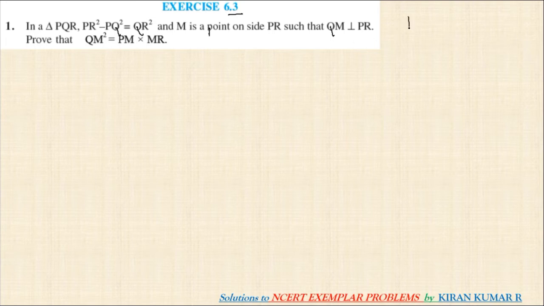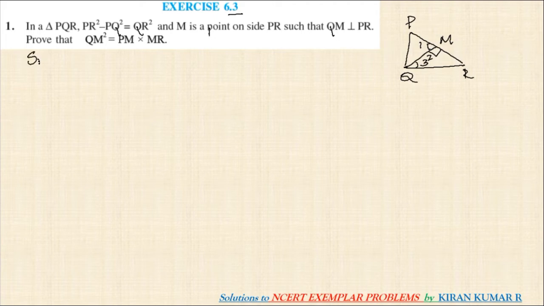I'll draw a figure connecting this question. It's triangle PQR. From point Q, there is a line QM drawn perpendicular to PR. Let me mention this angle as 1, 2 and this as 3.